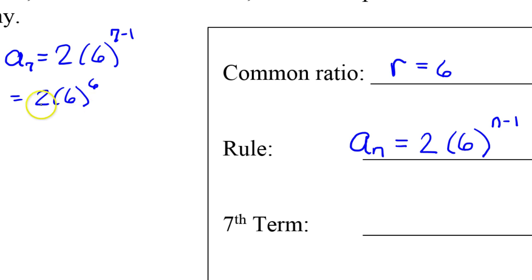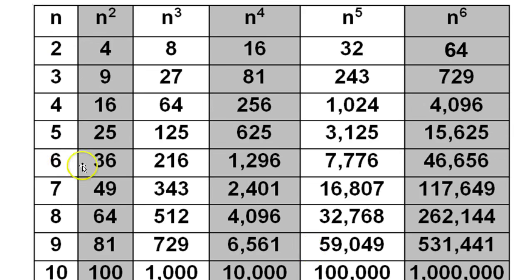Do not multiply this together and get 12. Instead, do 6 to the 6th power first. Okay, let's see. 6 to the 6th power is 46,656.